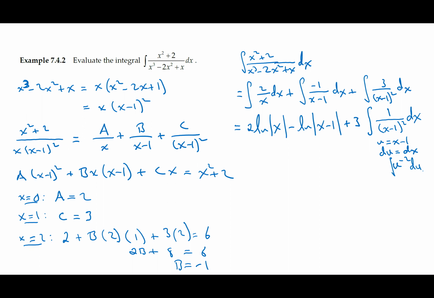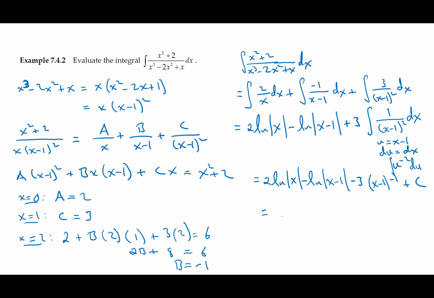Okay. And so this becomes 3 times, and then minus u to the negative 1, right? So (x minus 1) to the negative 1 plus c.